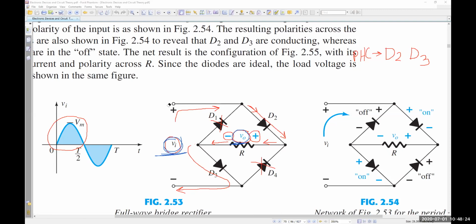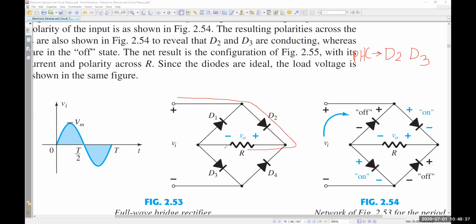Okay, let's clean it up. So what will happen? Since the current is going in this way, the current is entering the resistor through the plus point. So this is your plus. So we will put a multimeter or an oscilloscope there. What will happen? We will get the exact same value of your input, right?